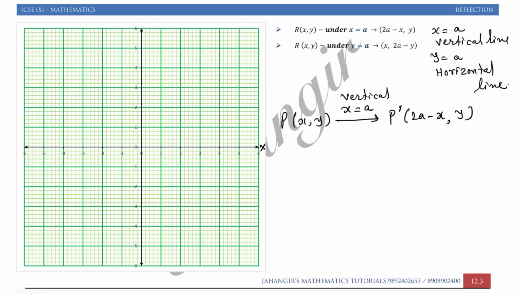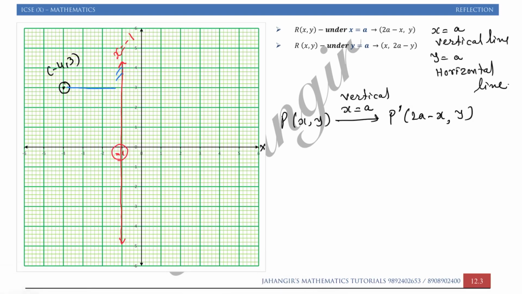Now I will take one example. If I am taking one point as (-4, 3), let me draw the mirror line. Let me draw, this is the line of reflection. This line's equation is x = -1 because it is passing through -1 on the x-axis. Now check the distance.